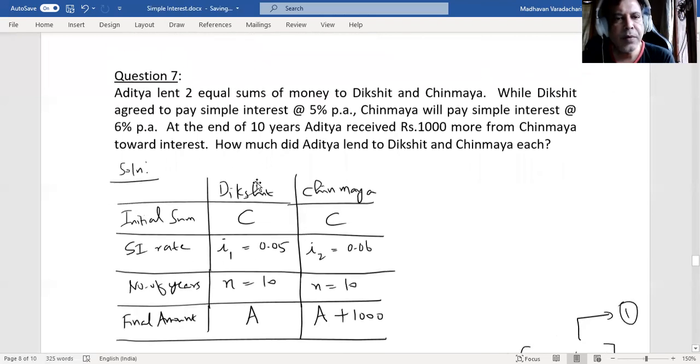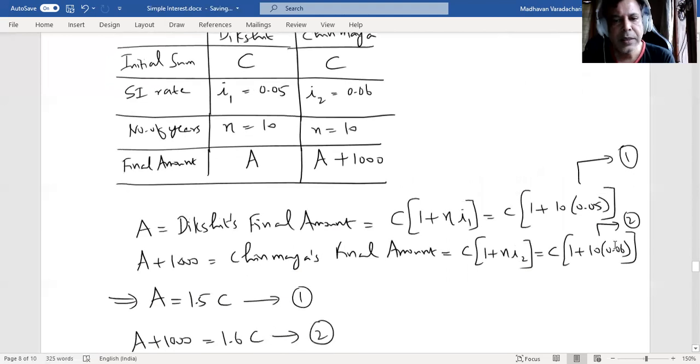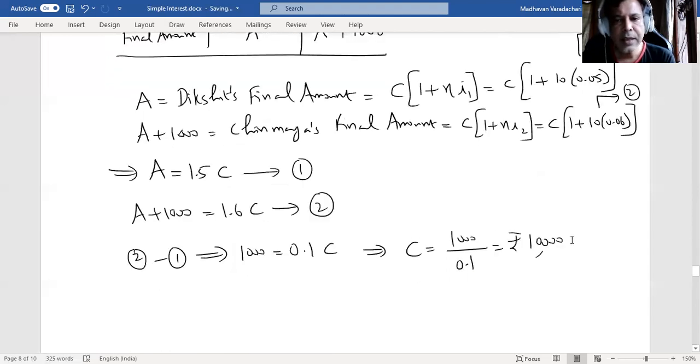That is what we are supposed to find. How much Aditya lent to Dikshit and Chinmaya each? So I can say C is the amount which was lent to both Chinmaya and Dikshit by Aditya. That is the solution.